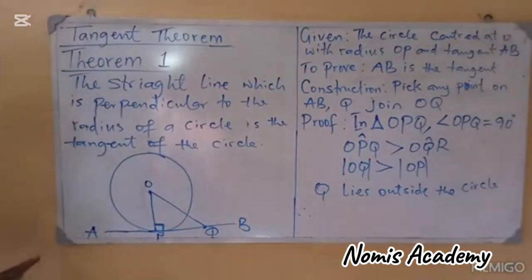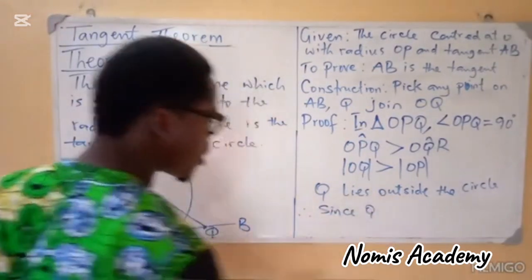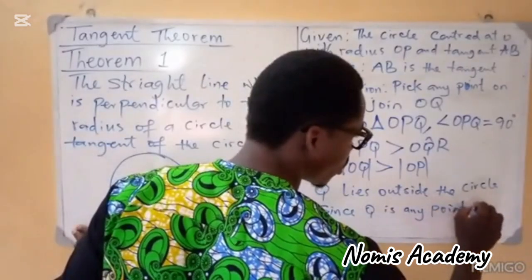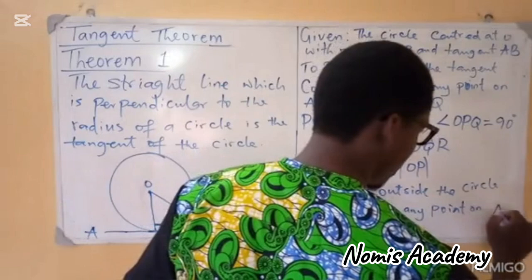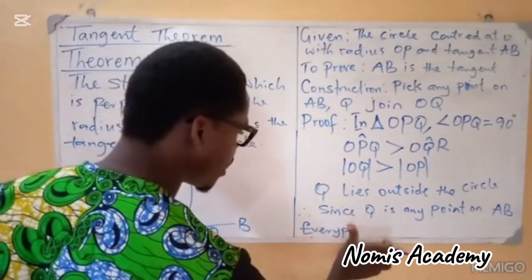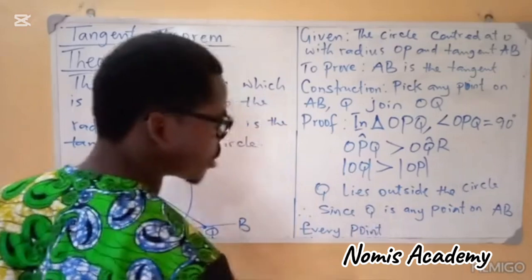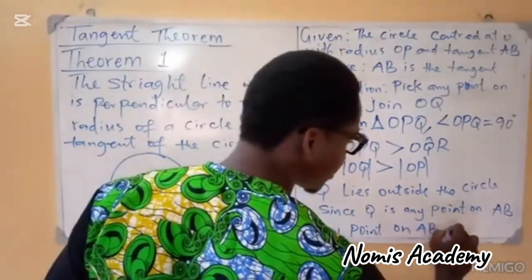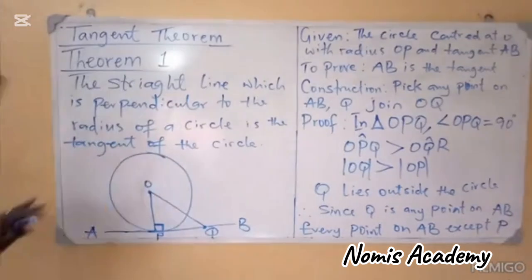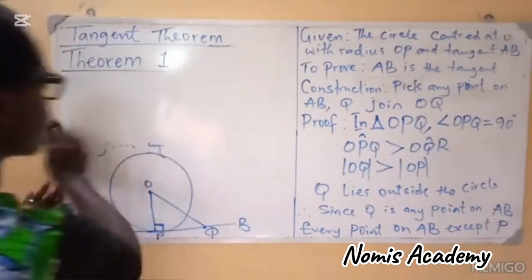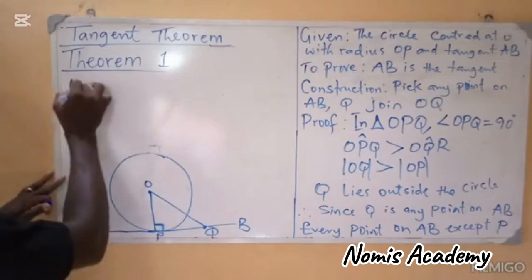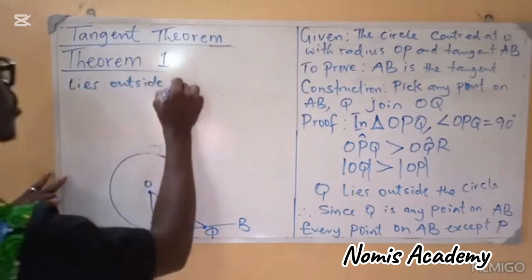Therefore, we can say that since Q is any point on line AB, then every point on AB except point P lies outside the cycle.